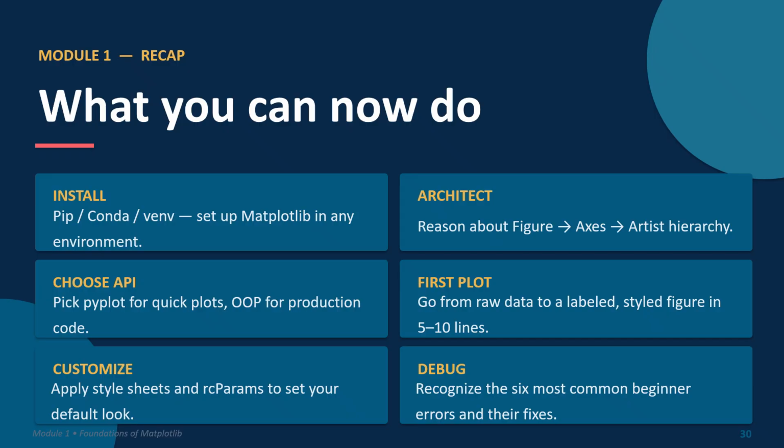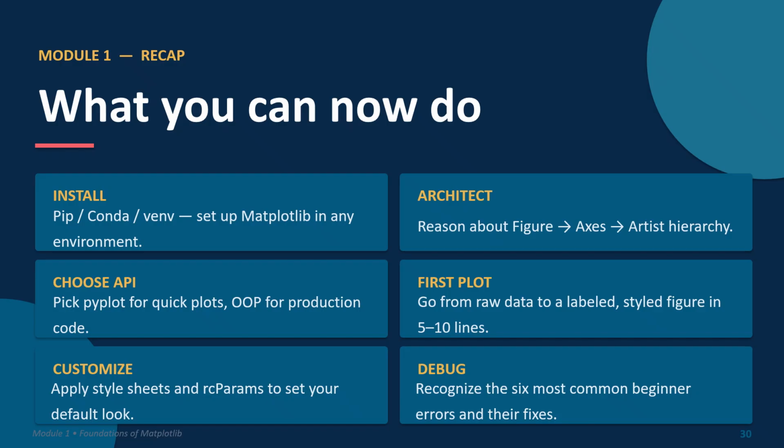Excellent, you have now completed your foundation of Matplotlib. So let us do a rapid recap of what you know now. You know how to install the Matplotlib library with pip, conda, and a virtual environment, and we have seen the 3 architectural levels: figure and axes.